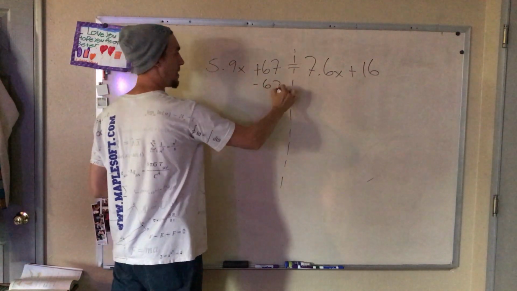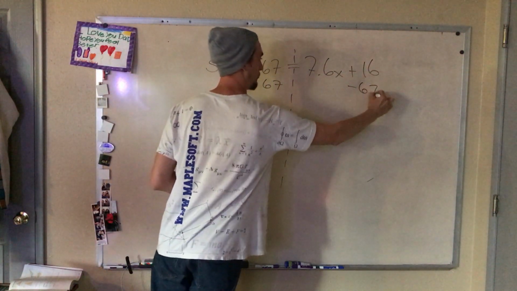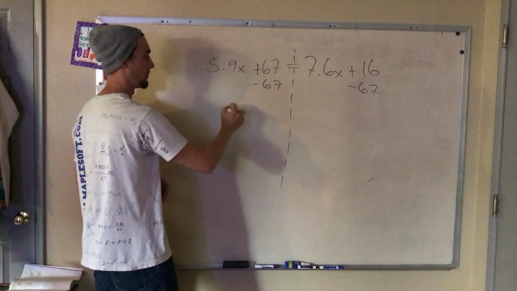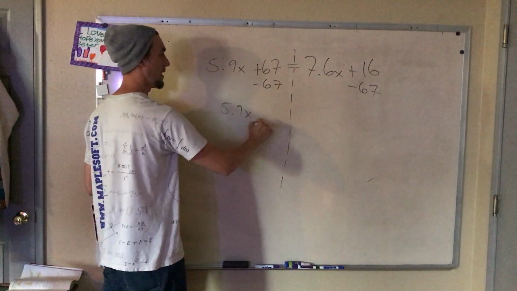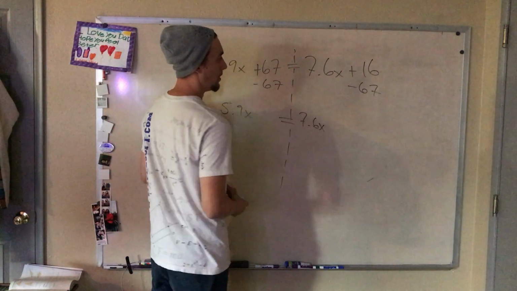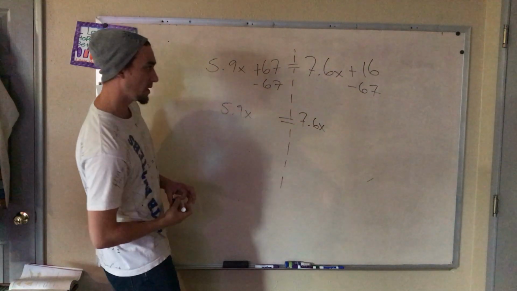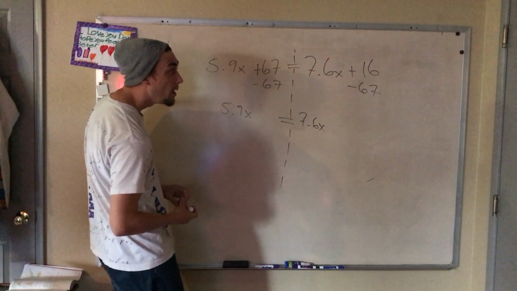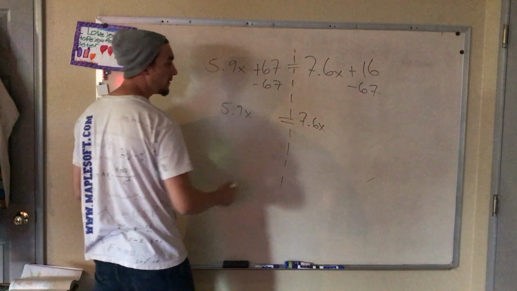Here's what I'm gonna do first though, minus 67 from both sides. That cancels it here and puts it over here negative. So we get 5.9x equals 7.6x, negative 67 plus 16. Can I do this in my mind? Negative 51.